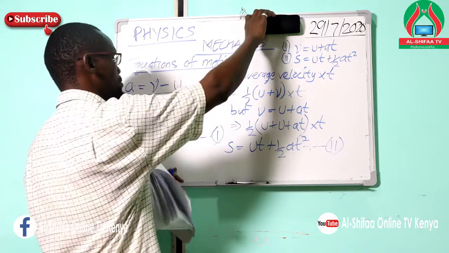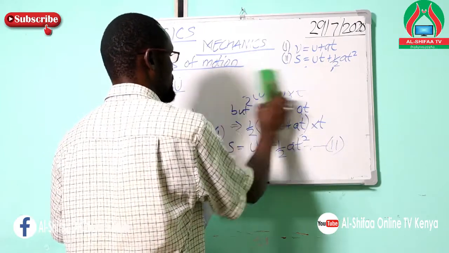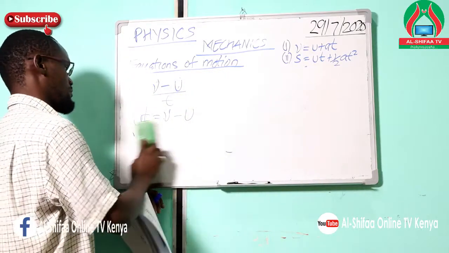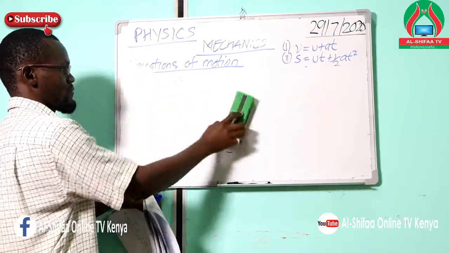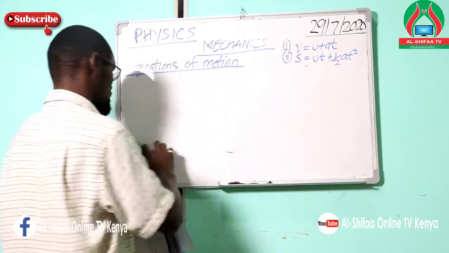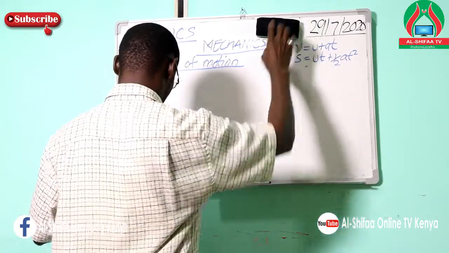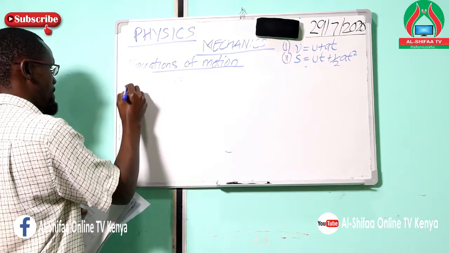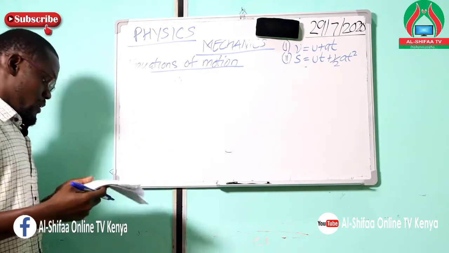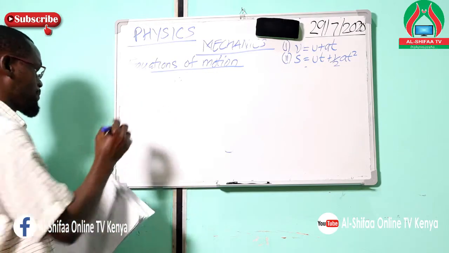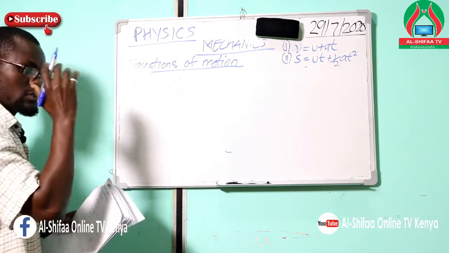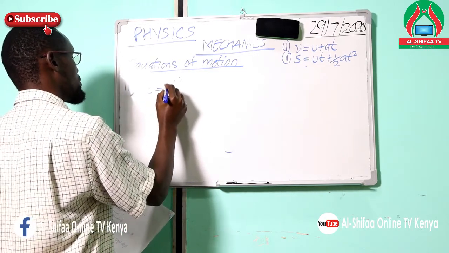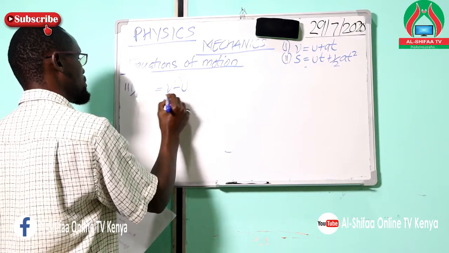So we can go to the third one. From the equation of acceleration, when we make t the subject, we'll have t is equal to v minus u over a.